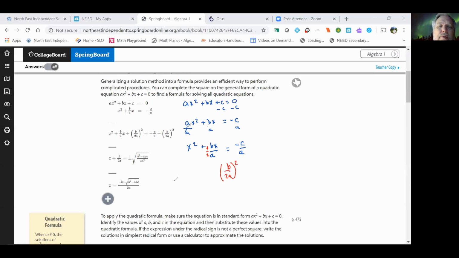So I'm going to rewrite this as x squared plus b over a x plus b over 2a squared. Now, of course, whatever I do on one side, I have to do the same thing on the other side. So that's going to equal negative c over a plus b over 2a squared.